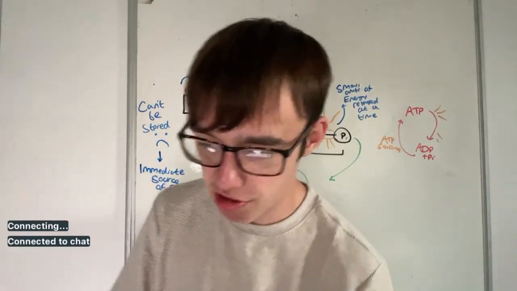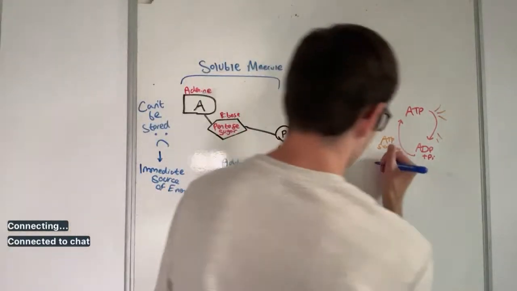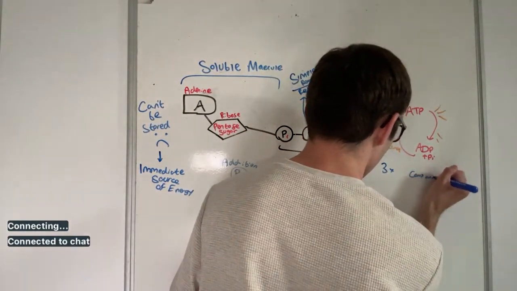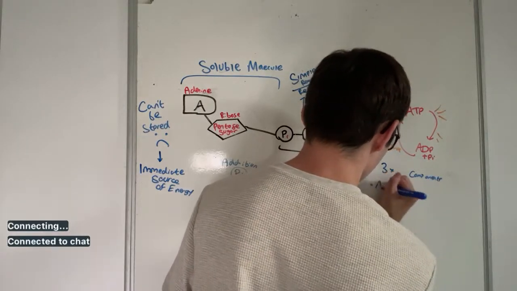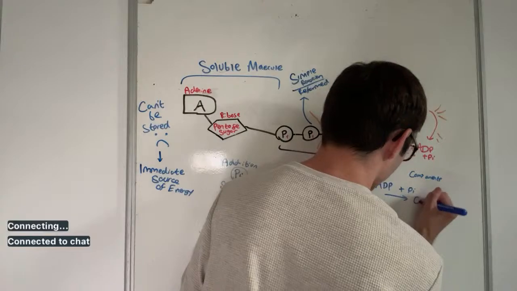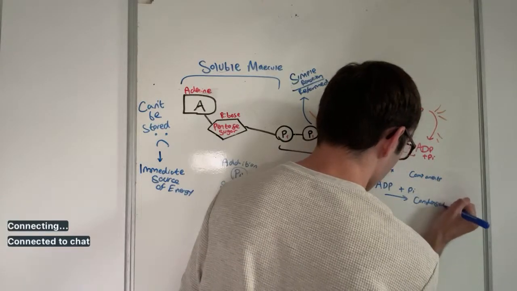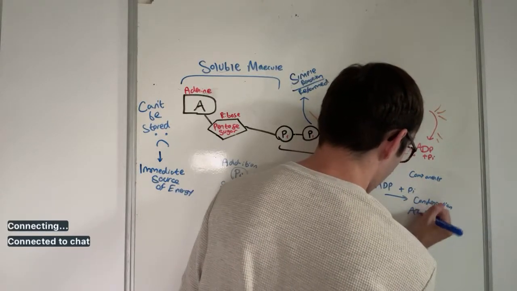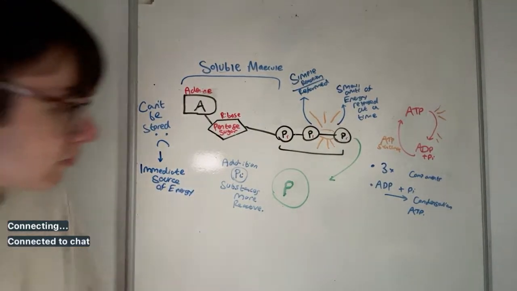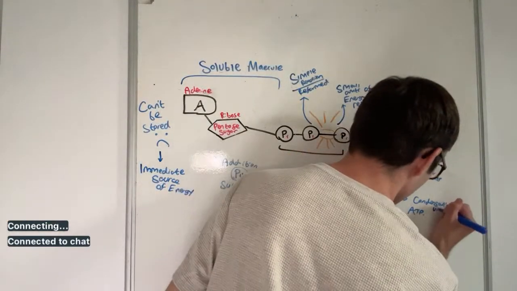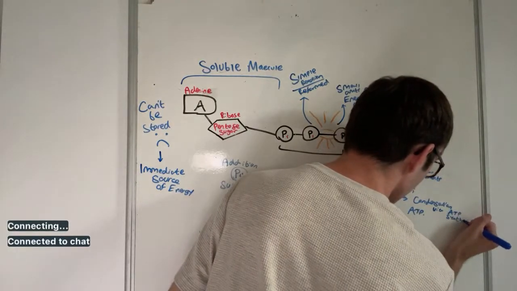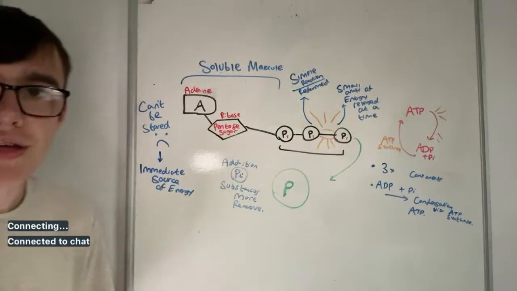That is nasty. What I should have put is the 3 components. It's ADP and Pi via a condensation into ATP. Oh, via ATP synthase.